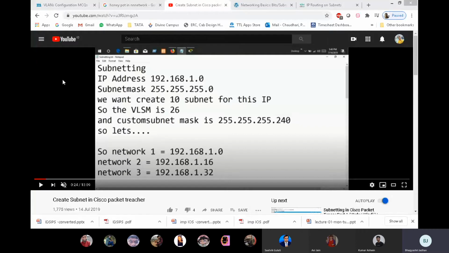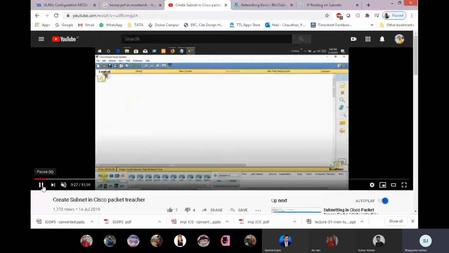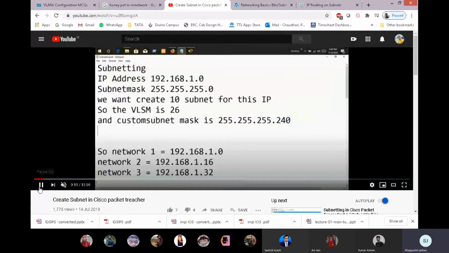Variable length subnet mask, VLSM. This concept we also saw in the last lecture: network ID, host ID. See now, the first IP address is 192.168.1.0.